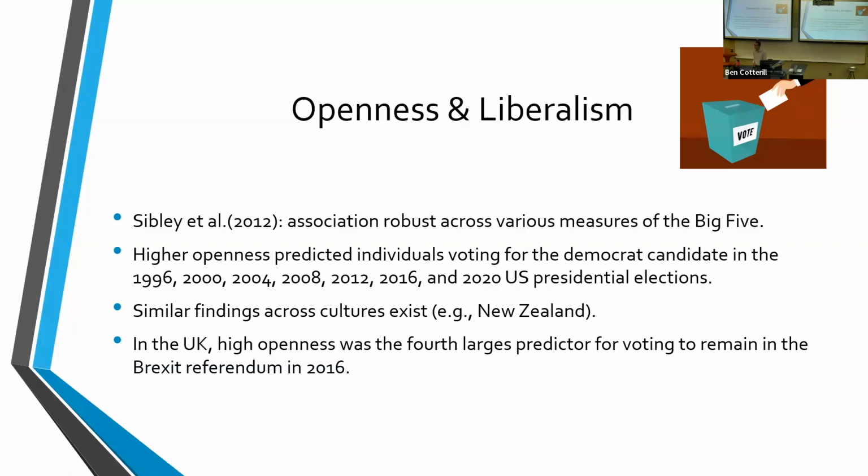It was a larger predictor than local unemployment rates and local immigration rates, which were really the kind of two factors that politicians would think to be most important. You know, the predictors that were more predictive than openness were geography, education attainment, and kind of socioeconomic background.